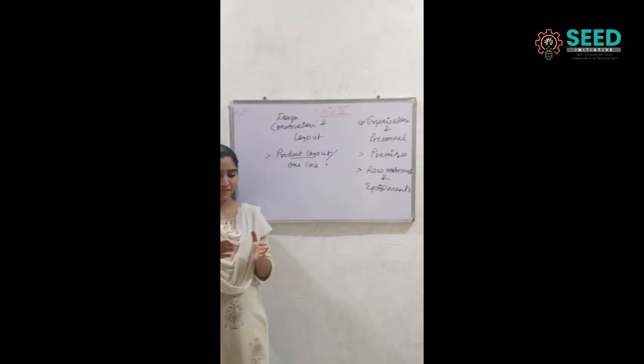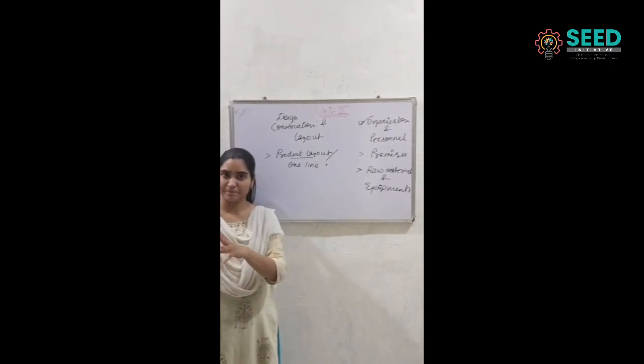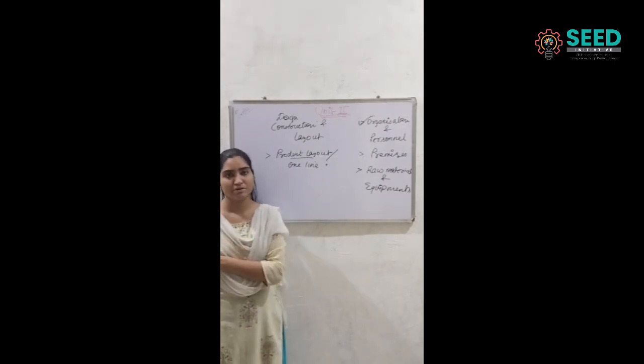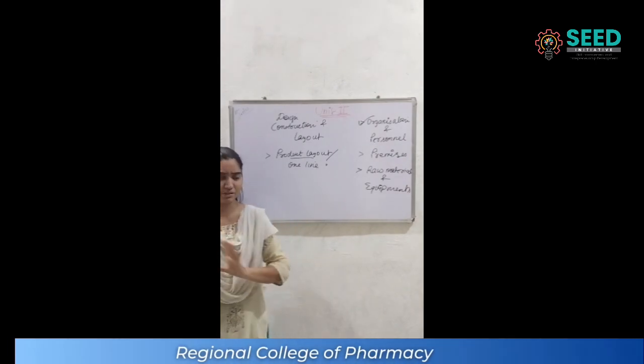That means the first step includes sampling, second step includes weighing, third step includes the processing in which we require machines, fourth step will require packaging, fifth step will require dispensing. This is the basic I've concised.